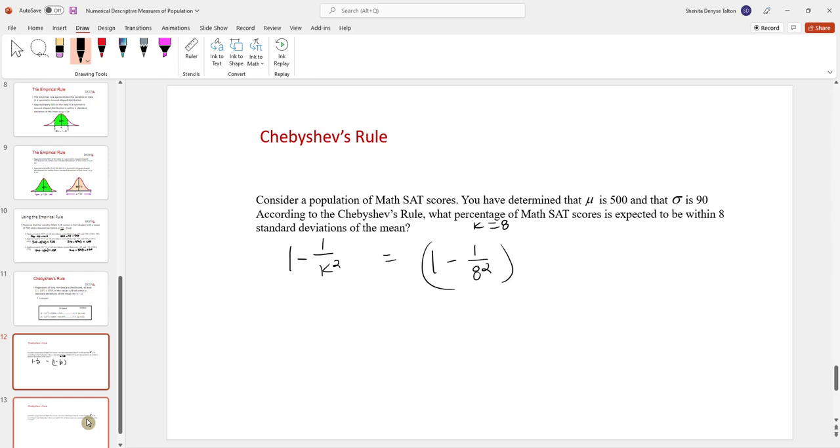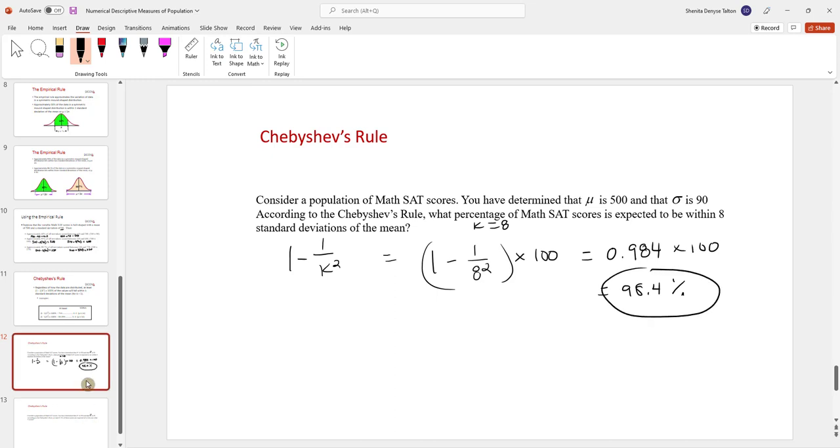And then in order to change it to a percent, we're going to multiply it by 100. So when you do this, 1 minus 1 over 8 squared is 0.984. And when you multiply it by 100, you'll get 98.4%. So you can expect 98.4% to be within 8 standard deviations based on this rule.